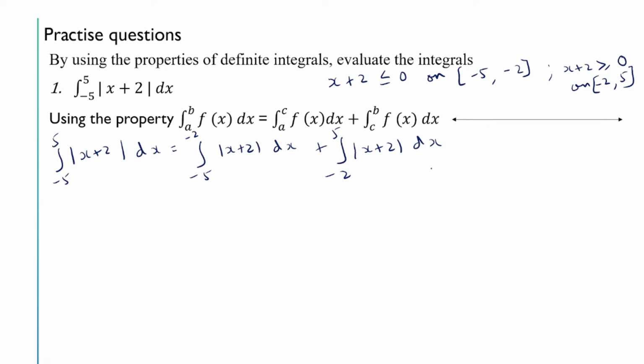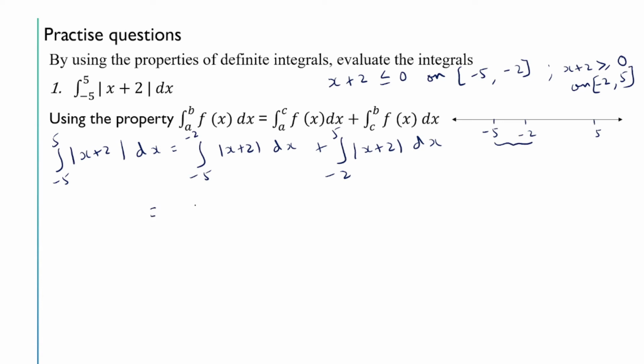Now if we consider a number line, here we have, let us say, minus 5, then minus 2, and 5 here. In the interval minus 5 to minus 2, x plus 2 will assume negative values. When we substitute any value for x in this interval, say minus 3 or minus 4, we will have negative.